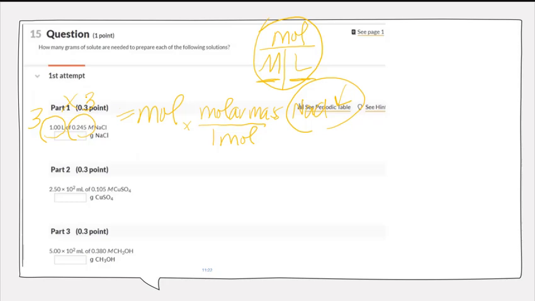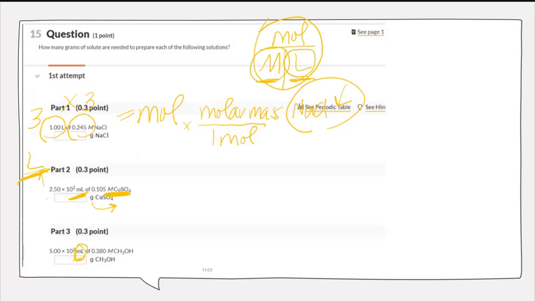For part 2 and part 3, be careful because I'm given volume in milliliters. So we want to get that into liters, because if I know volume in liters and concentration, or molarity, which is in moles per liter, if I multiply those two together, that will give me moles, and then you know how to get to grams.